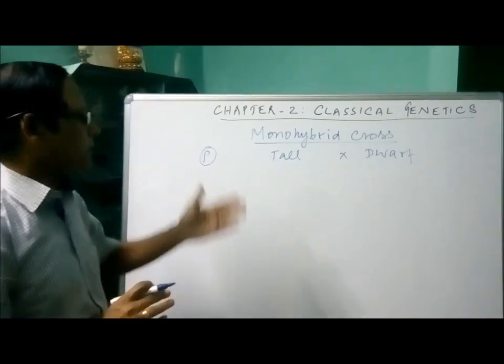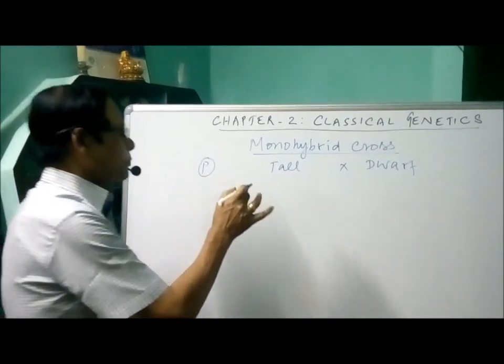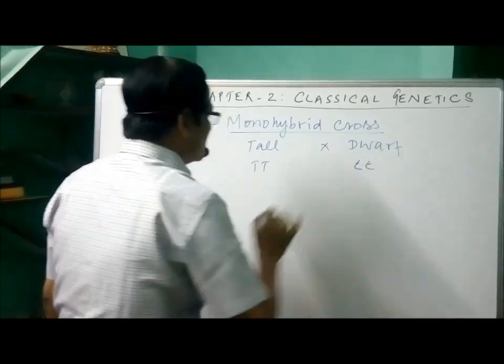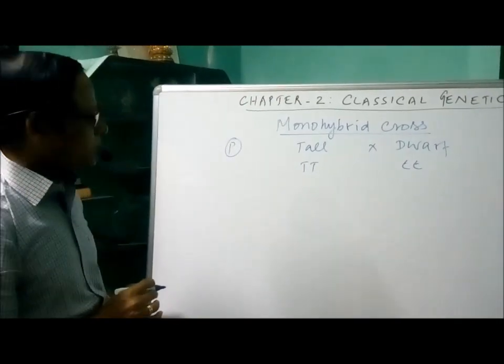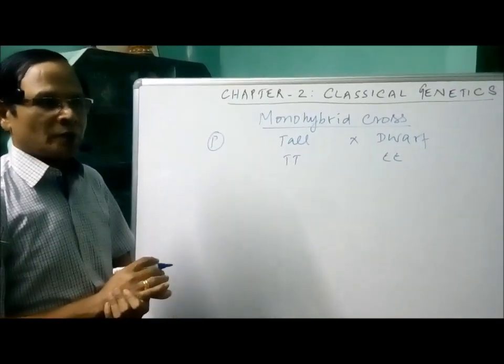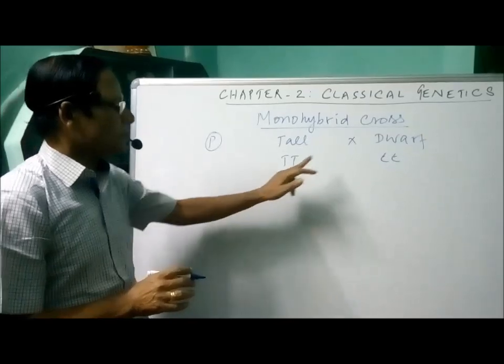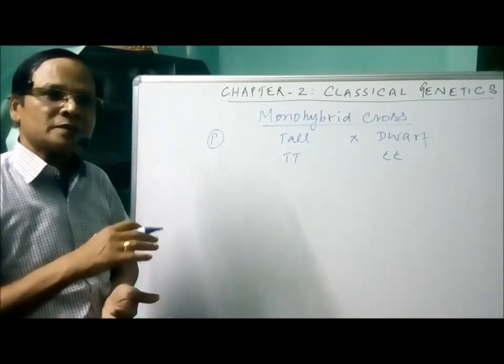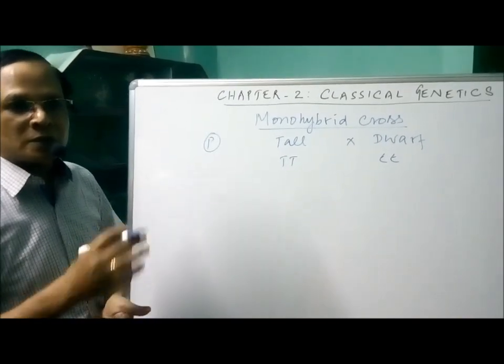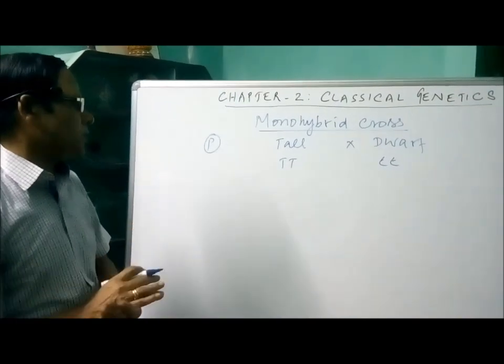Now this is the genotype. Both the genes are similar, hence called homozygous tall and homozygous dwarf. So this is the dominant character and that is the recessive character, named after the results obtained in the F1 generation.